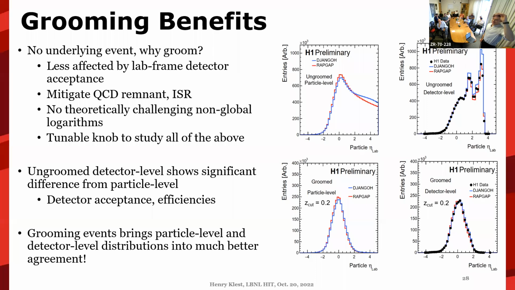So the top is ungroomed. So that's the raw yield of particles. The bottom two plots are the groomed case. And that's what is kind of nice: you don't have the enormous spike of particles at eta of around 3.5 in the detector level.